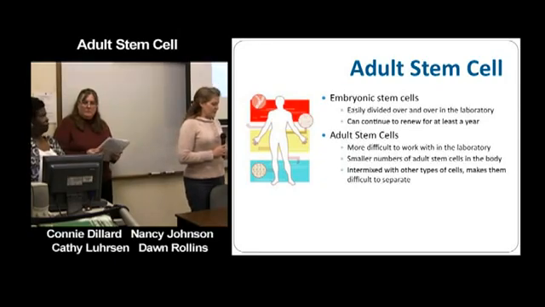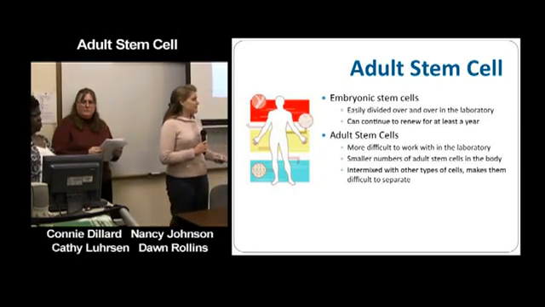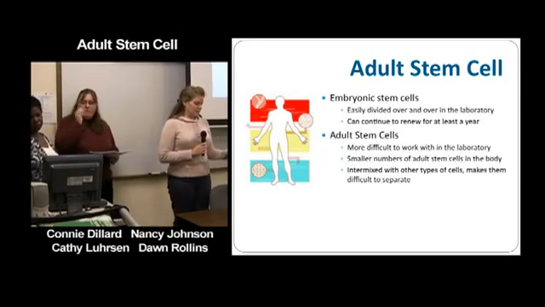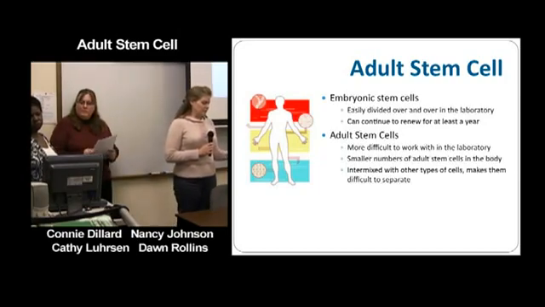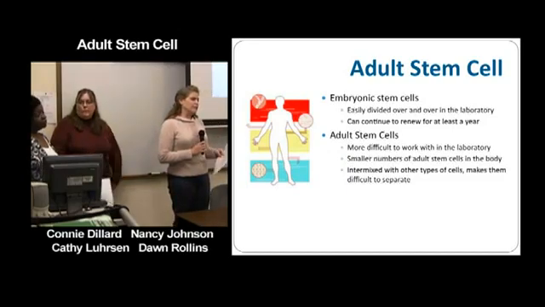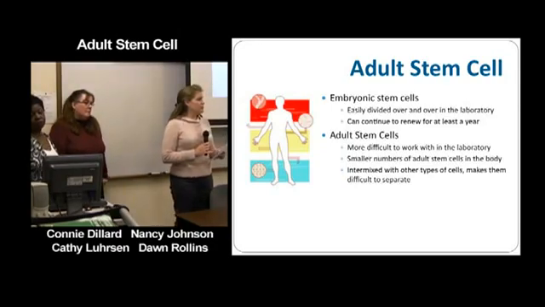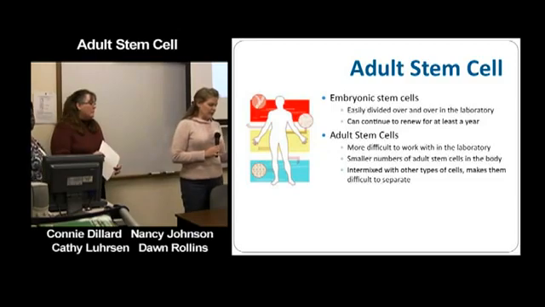Embryonic stem cells are able to be easily harvested, obviously, because they're used from leftover cells, and then once they have them in the laboratory, they are real easy to duplicate, and they can duplicate for up to a year. The adult stem cells are a lot harder.